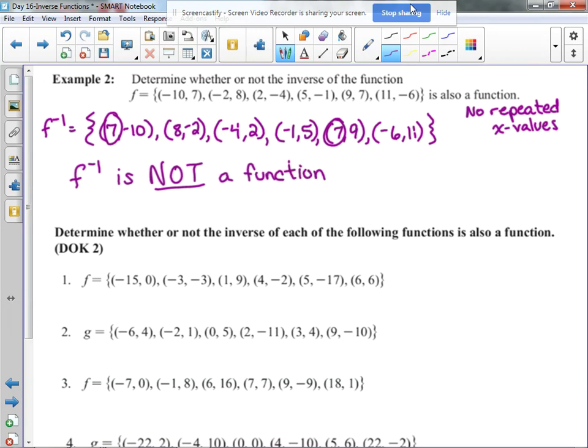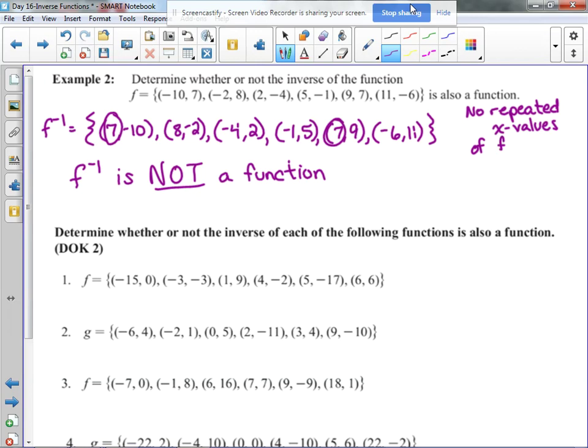Now, how could I have figured that out without switching all my x's and y's? Look at the y values. Okay, so no repeated x values of f.